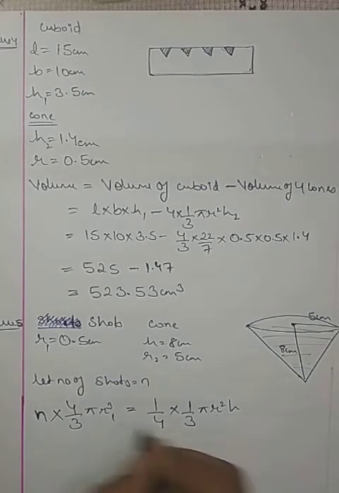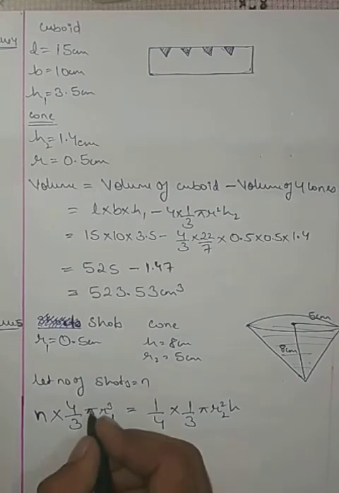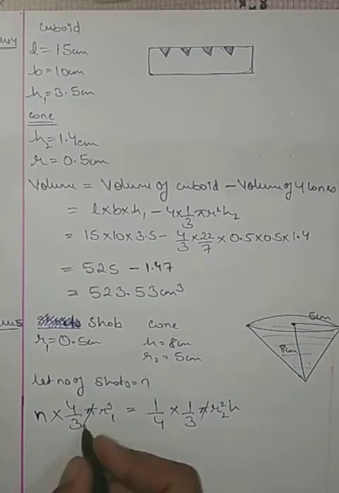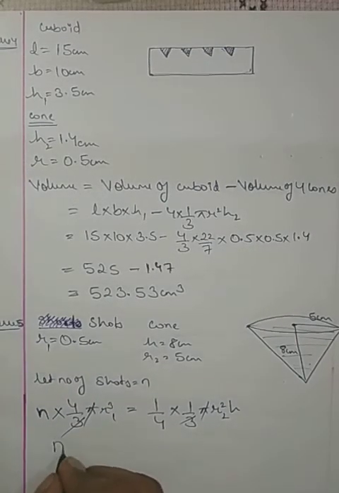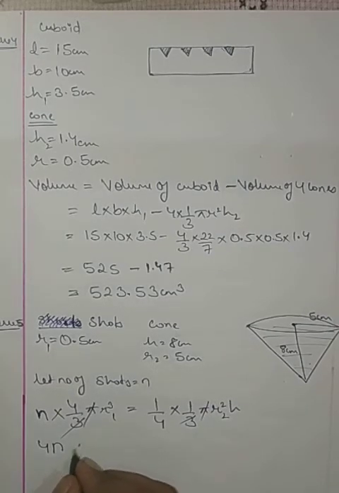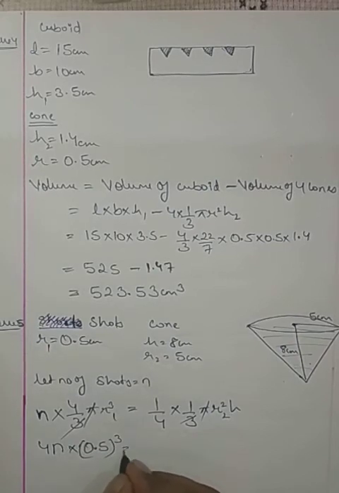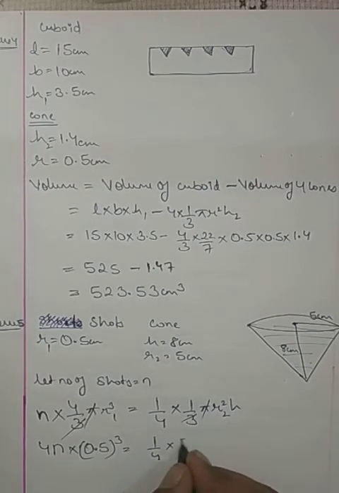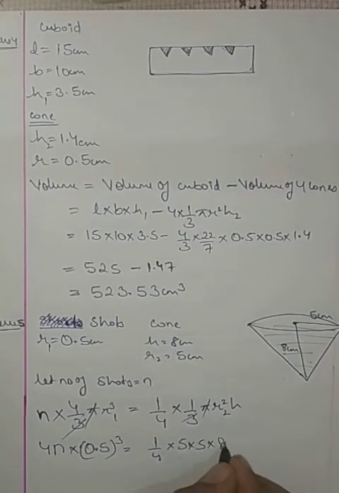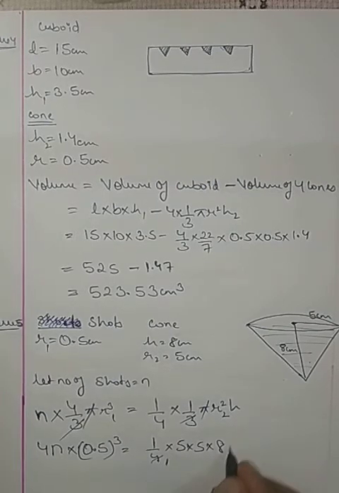Here we have R1, R2. Pi cancels with pi, 3 cancels with 3. What we have? 4n into R1, R1 is 0.5, whole cube is equal to 1 upon 4, R2 is 5 into 5, height is 8. 4 1s are 4, 4 2s are 8.